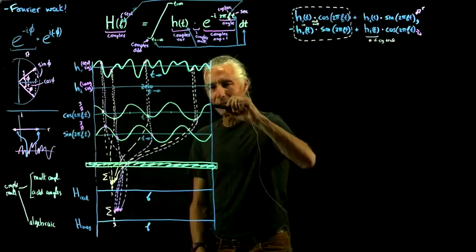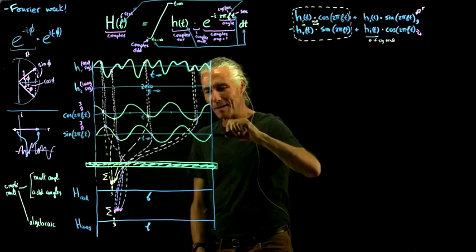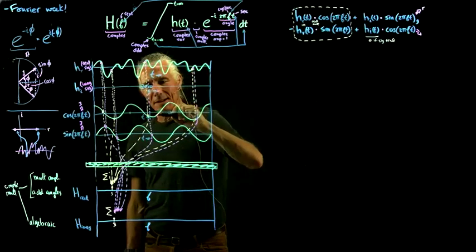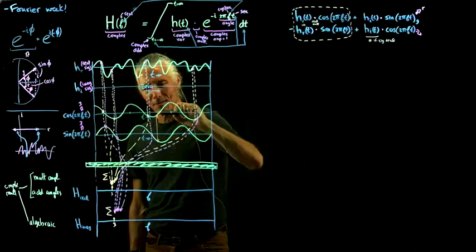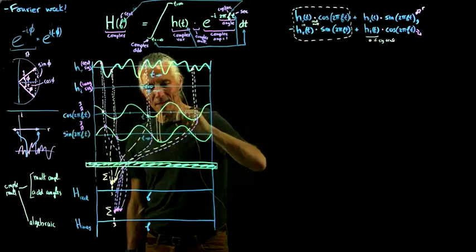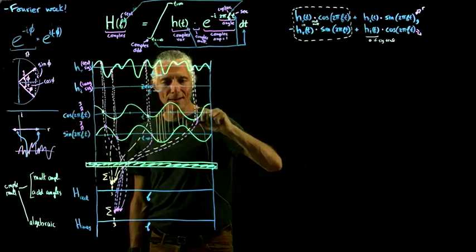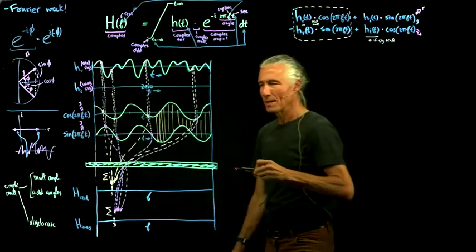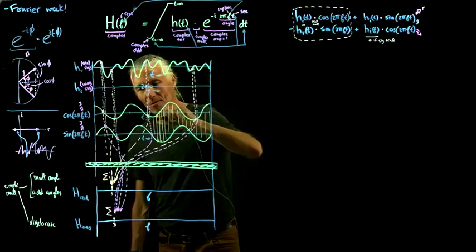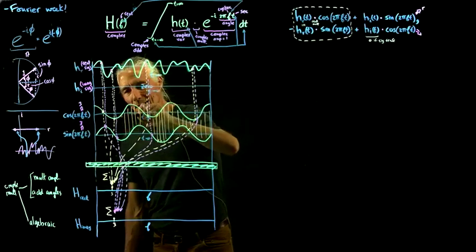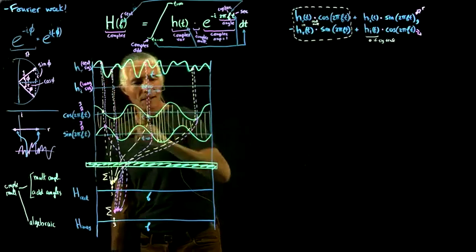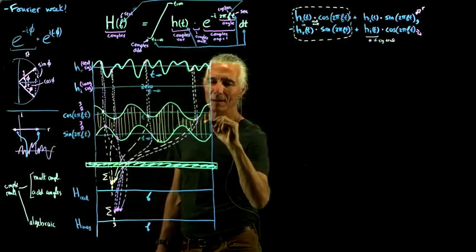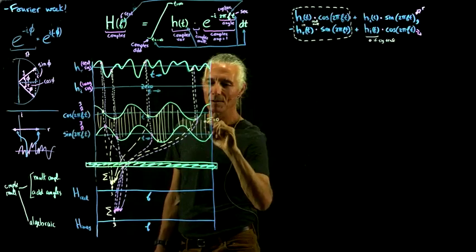Zero correlated. So what does that mean? That means if I take this value of cosine and multiply it by that value, and this value multiplied by that value, and I do that across the entire sine and cosine and sum the whole mess up, I get 0.